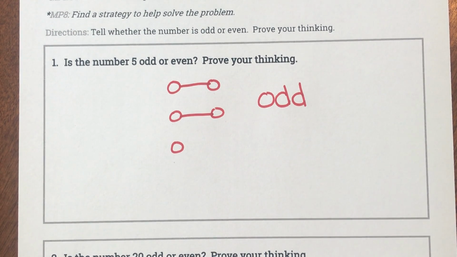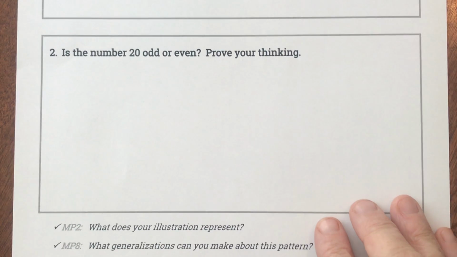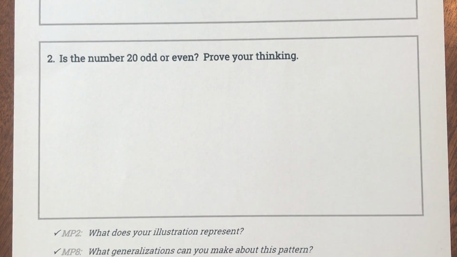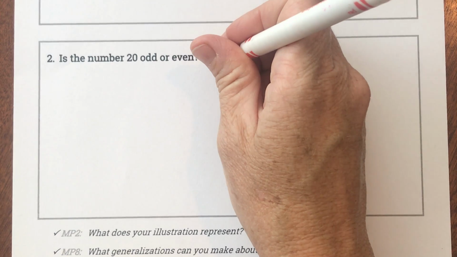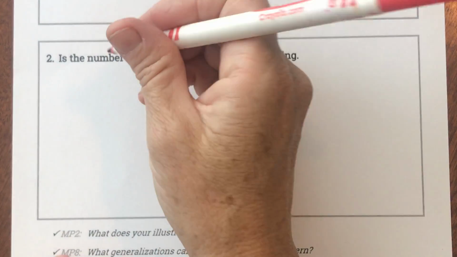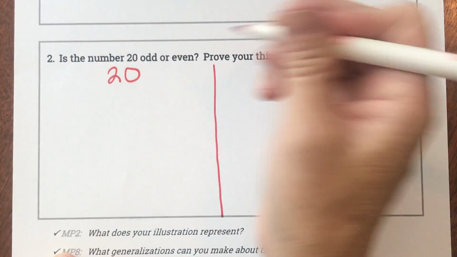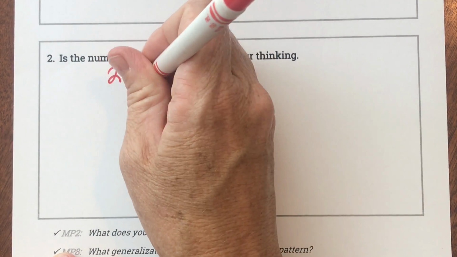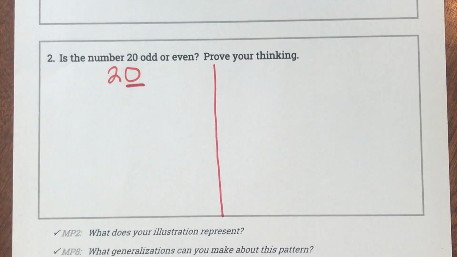Okay, this next one's a little tricky, so I want you to really pay attention, friends. Get your listening ready to go. This one says, is the number 20 odd or even? Prove your thinking. Okay, so ready? I'm going to put a line down here because I want to show you something. So when I had shown you this before, I said that we could just look in the ones column. Now here's the thing about the ones column.